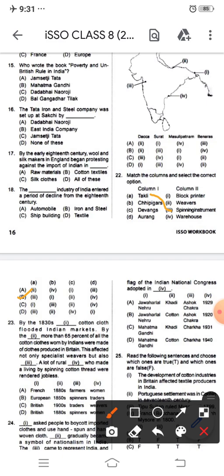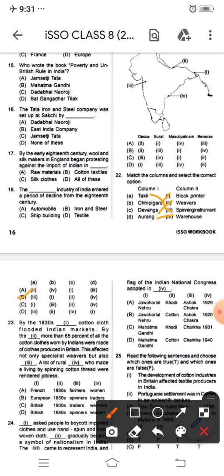Next, Chippigars are the block printers. Next, option C, Devangans are the weavers. Next is the last option, Aurang is the warehouse.